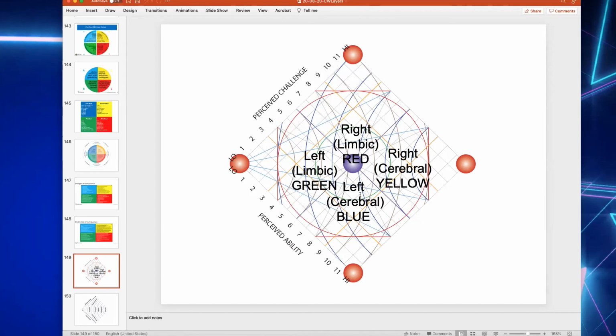So I'm okay, I'm just going through life. If something comes, something comes. But if suddenly I'm in a situation where my perceived challenge is very high and my ability is very low, I have to believe that my brain is going to do what my brain is designed to do. Under a certain set of circumstances, the smartest thing for my brain to do is to move me into a right limbic kind of mode.